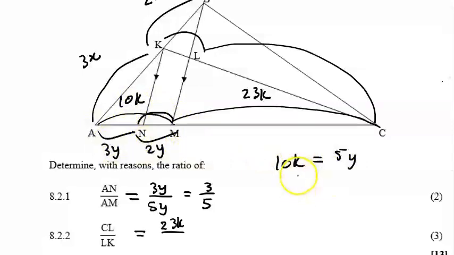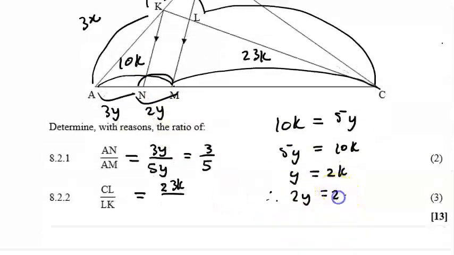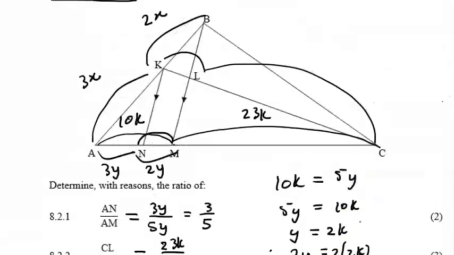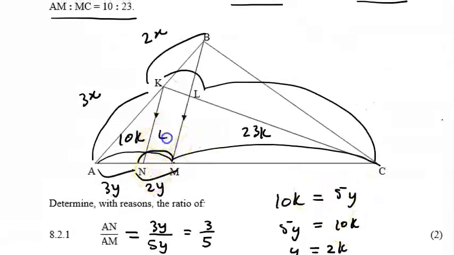Therefore, we bring the 5y to this side, equal to 10k. Let's say y is equal to 2k. Therefore, 2y will equal 2 times 2k, which will be 4k. So this 2y will equal 4k. So therefore we now have our solution.